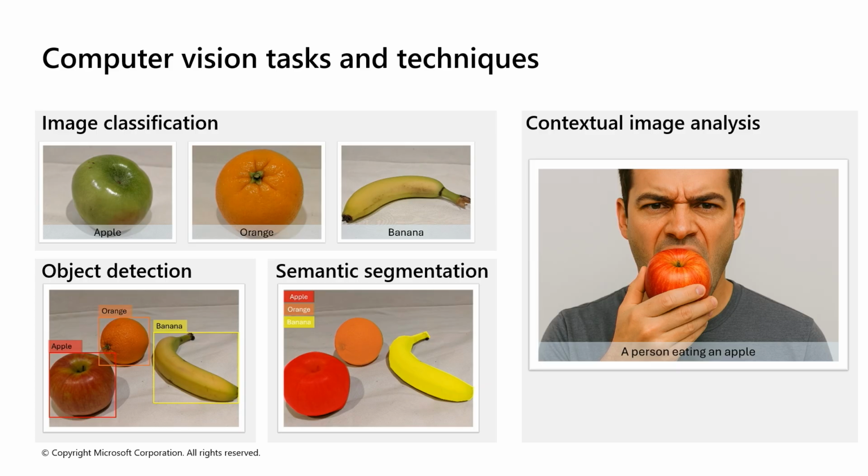Now we have object detection. Object detection takes things a step further. Instead of just identifying what's in the image, it also answers where the objects are within the image. For example, in the image on the slide, we ask, where are the bananas in the image? The model detects each object and draws a box around it.